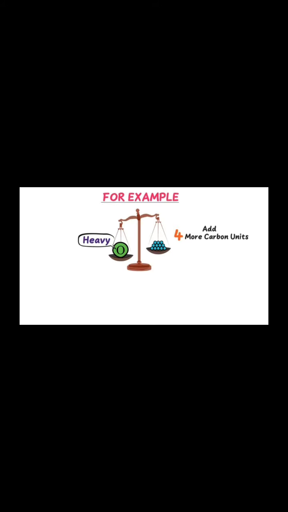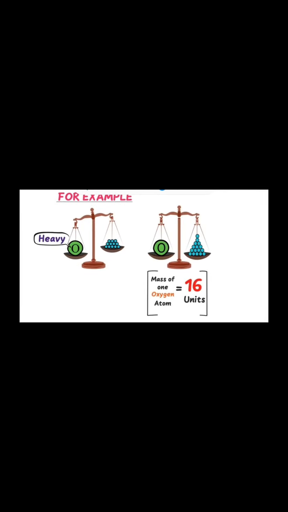We can observe that the oxygen atom is heavier. Now let's add 4 more carbon units. Now the balance is in equilibrium. Thus we can say that the mass of one oxygen atom is equal to 16 units of carbon.